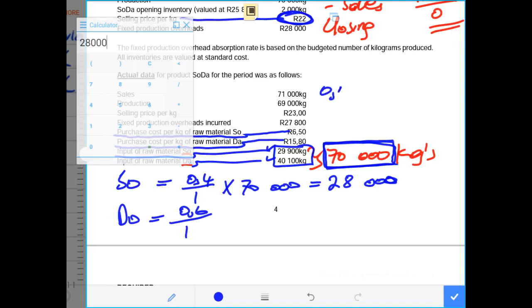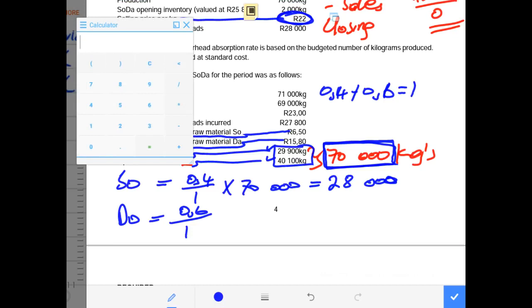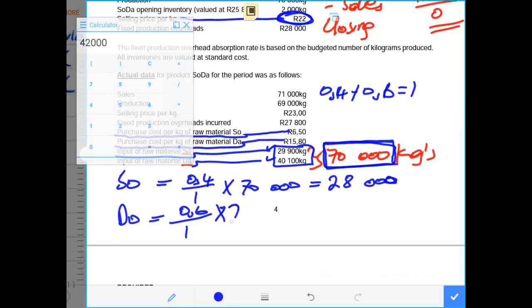Remember, standard mix is 0.4 plus 0.6, which is 1. Hence 0.6 divided by 1 gives 0.6, times 70,000, which is the actual material issued into the production process.